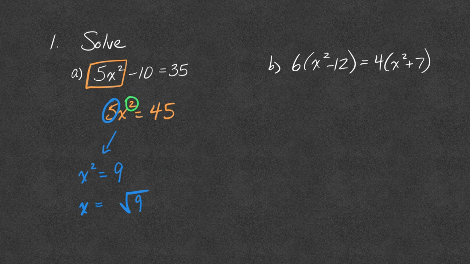But we have to remember that every time I take a square root, I get two answers, a plus or a minus. Now when I calculate that, the root of 9 is 3. You do a quick mental check and notice that if you subbed back into your original equation, positive 3 or negative 3, that statement is true.